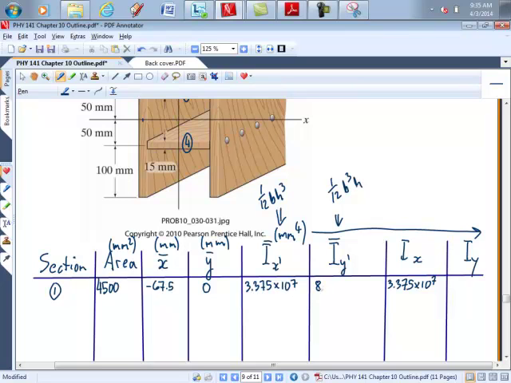Okay, so 8.4375 times 10 to the 4. Okay, and this time it's going to be different when I take it about the centroid axis. So we're going to have to add to this x bar squared, so 67.5 squared times the area.